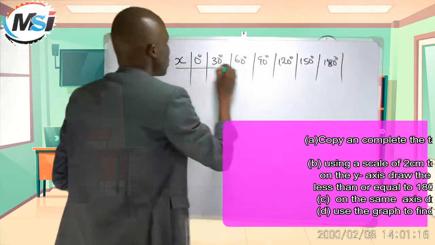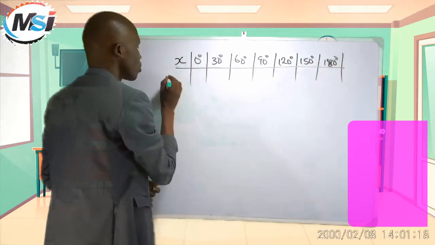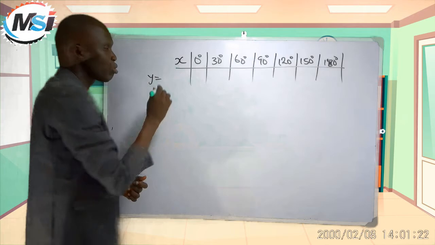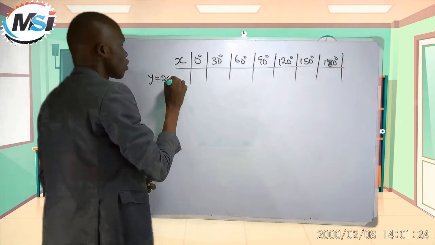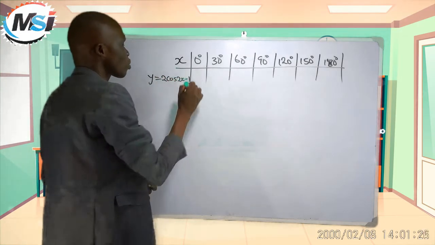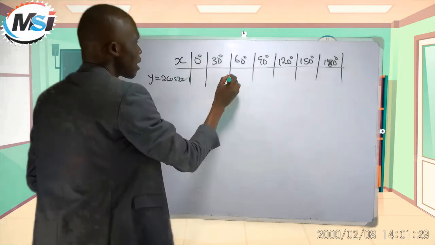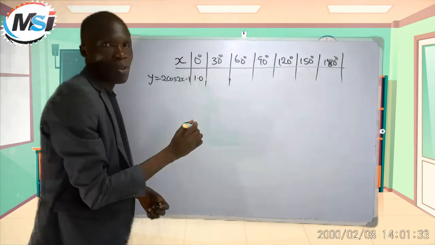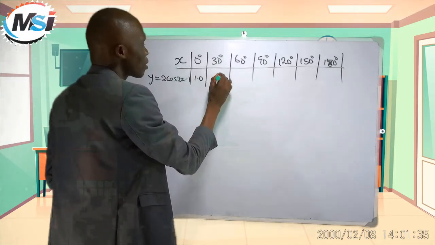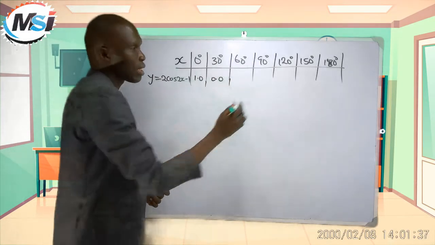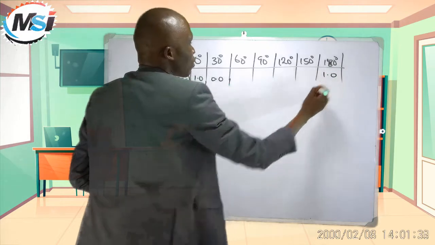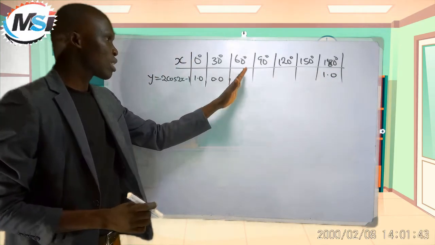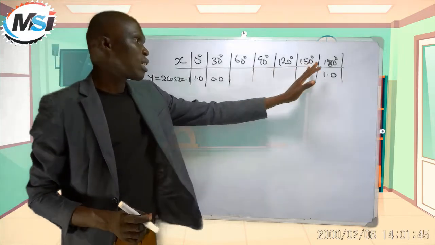So this is the table given to us, and y is given to us as 2 cos 2x minus 1. Now from the table given to us, we have 1.0, we have 0.0, then the last one we have 1.0. So what we are looking for now is the values for 60, 90, 120, and 150.